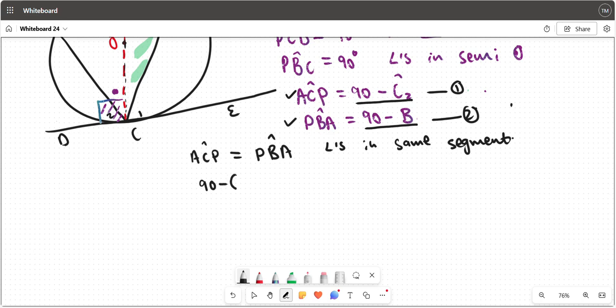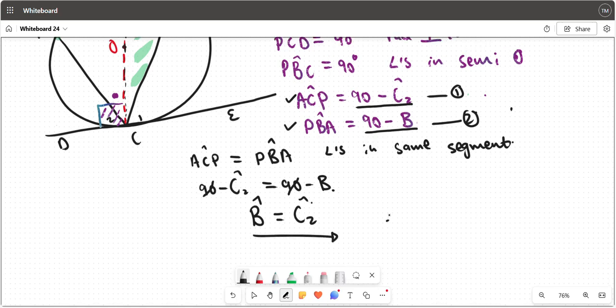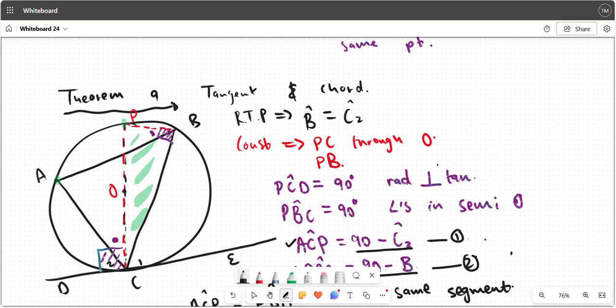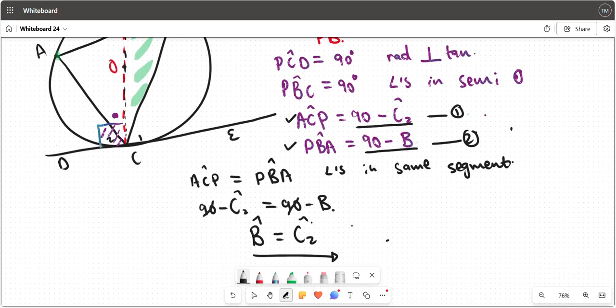So 90 minus C2 is equal to 90 minus B. And if these 90s subtract, if the C2 comes this side, the B goes to the other side, you will finally get that B is equal to C2. And this is what we are required to prove. There we go. And my reason for this is the tan chord theorem.